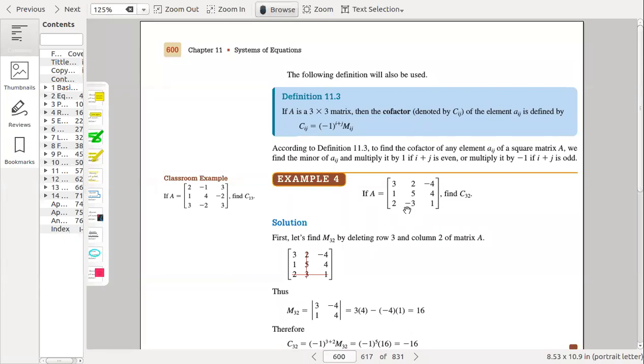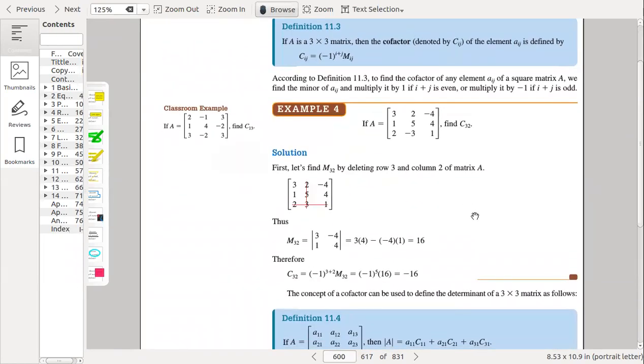To calculate the minor of this entry minus 3, we have to delete the third row and second column. Then we will have the minor 3, 4, minus 4, 1. We will calculate the determinant: 4 into 3, 12, and minus 4 into 1, minus 4, so 12 plus 4, 16.